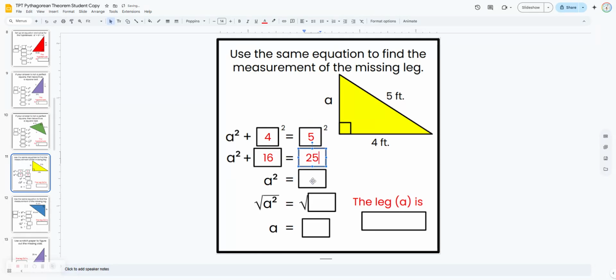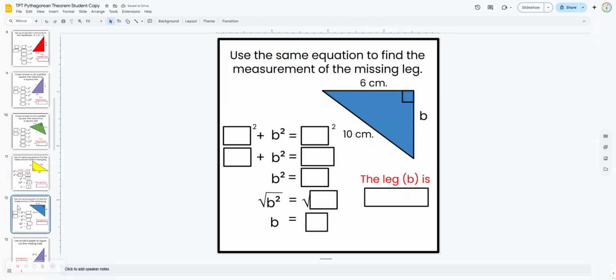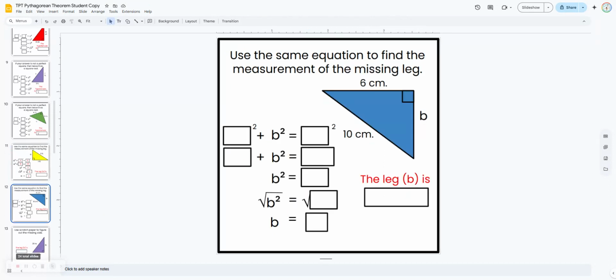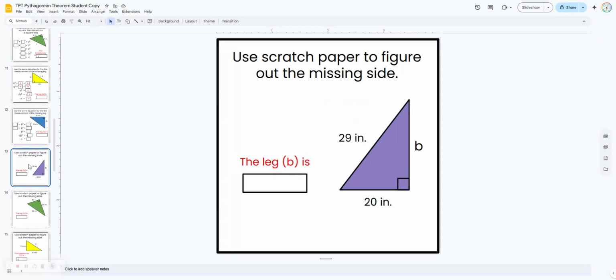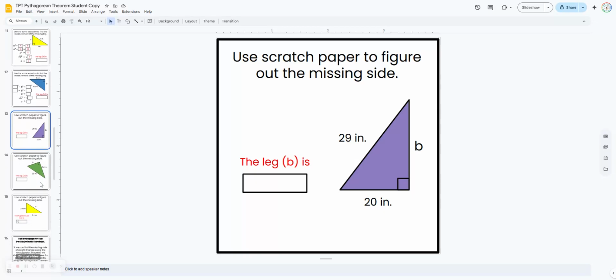They're going to subtract 16 from both sides, and they're going to get 9. Take the square root of both sides, and they're going to get the length of that leg is 3. So 3 feet. And they'll do the same thing again, get a little bit more practice. When they get down to slide 13, they're just going to use scratch paper, and they're going to set up their own equations and solve them for the missing side.